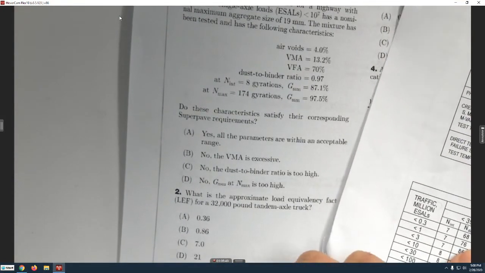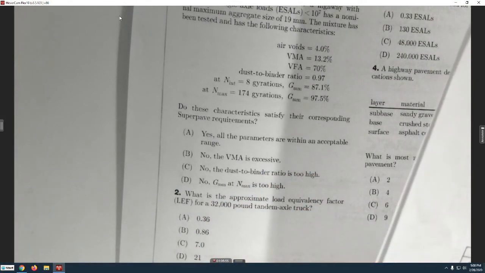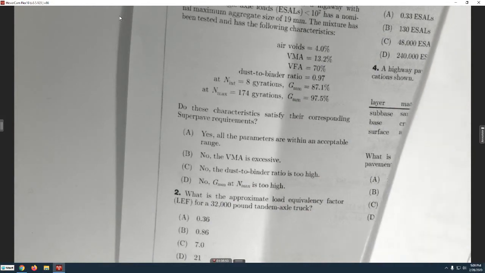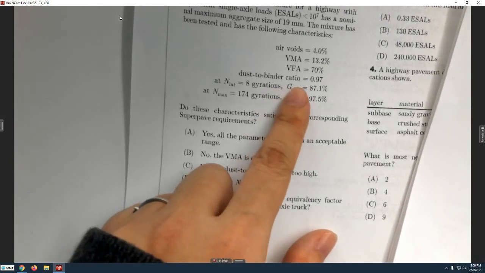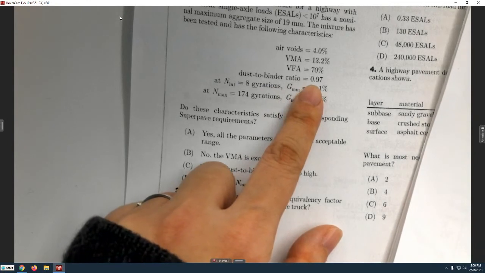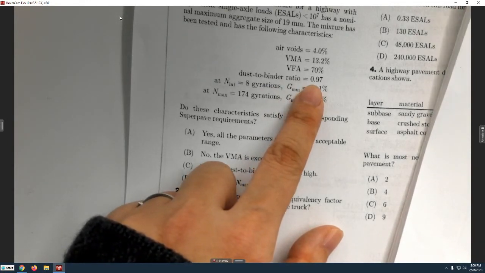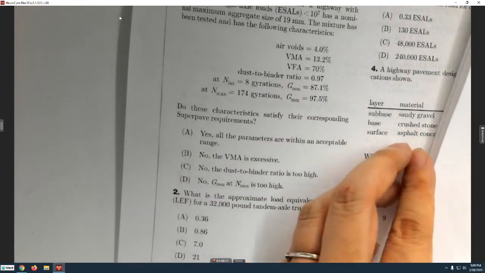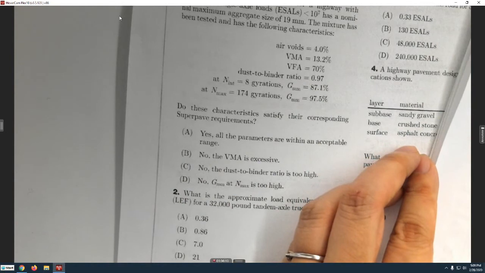Dust to binder ratio should be between 0.6 to 1.2. I cannot see this here in this table.